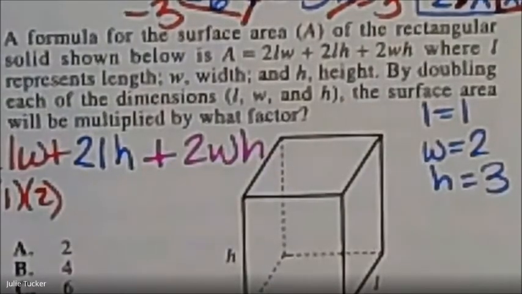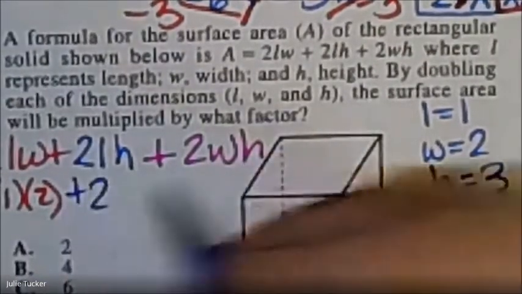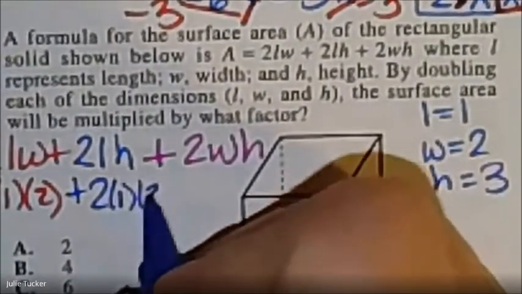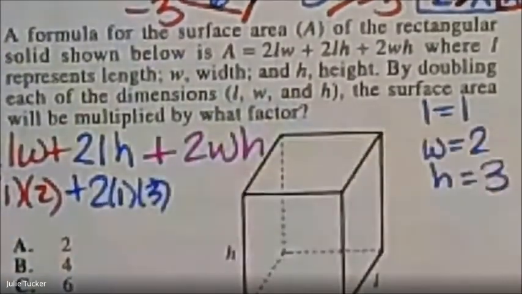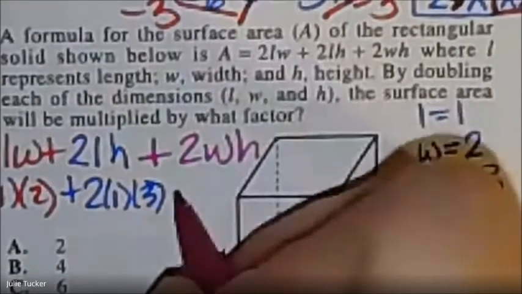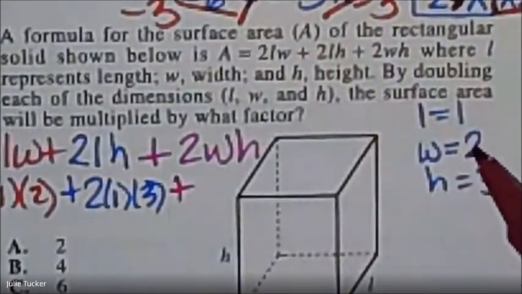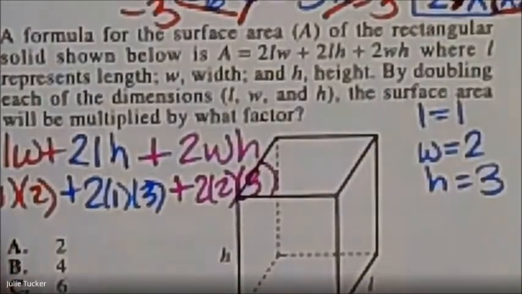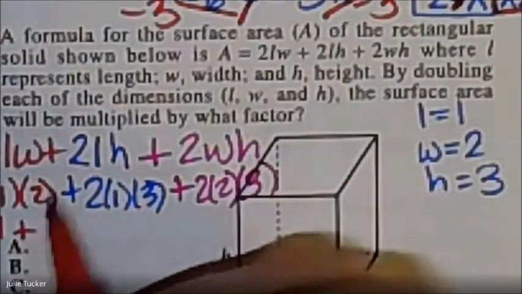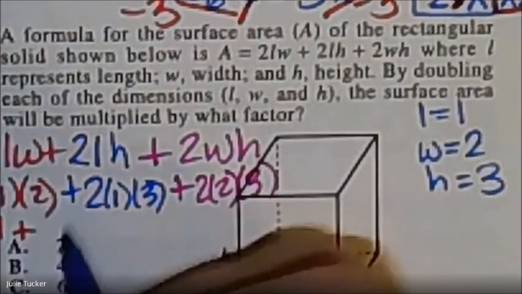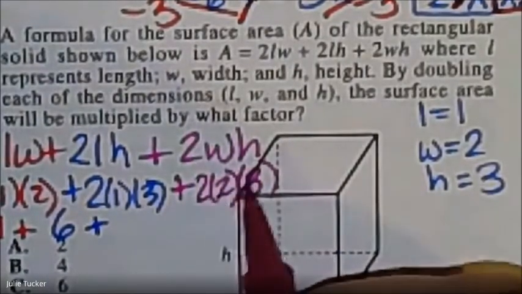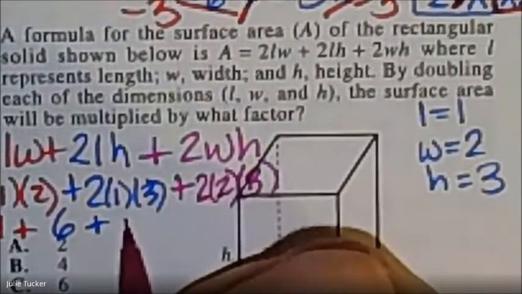And then 2LH would be 2 times 1 times 3. And then 2WH would be 2 times 2 times 3. So then that gives you 4 plus 6 plus 4 times 3 is 12.